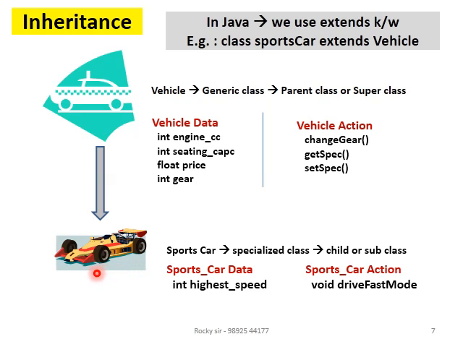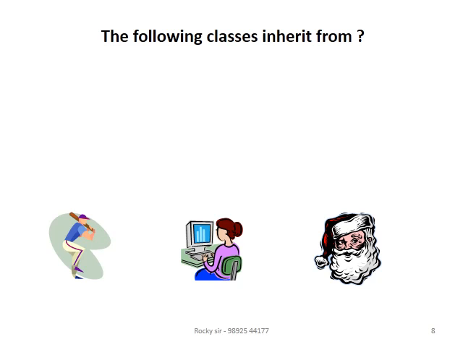So when I make a class called sports car, instead of defining all the four properties of a vehicle class plus one of its own, that is five properties, it would be quick work to define just one property called highest speed and derive the four properties from the class called vehicle. And this concept of a child class deriving properties from the parent is called inheritance. We look further.